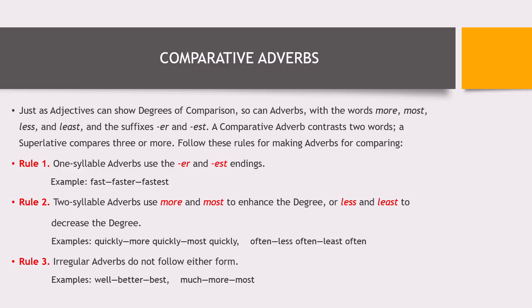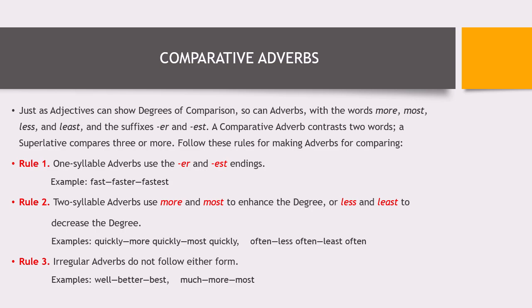Follow these rules for making adverbs for comparing. Rule 1. One-syllable adverbs use the er and est endings. Example: fast, faster, fastest. Rule 2. Two-syllable adverbs use more and most to enhance the degree, or less and least to decrease the degree.